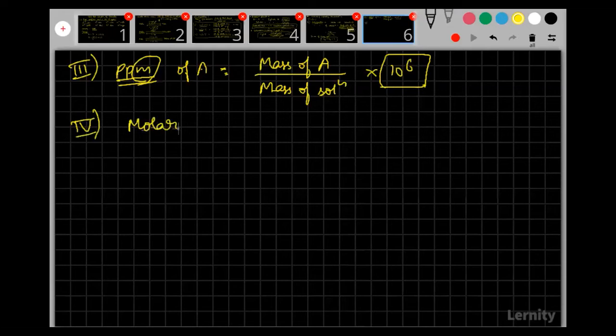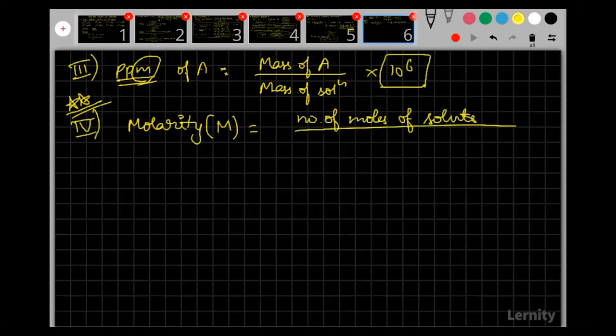Next ones, which are very important: molarity, molality, and normality. These three are the most important ones. Molarity is given by the number of moles of solute by volume of solution in liters.